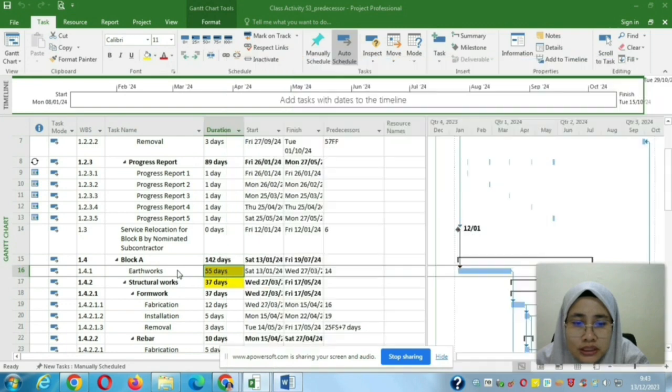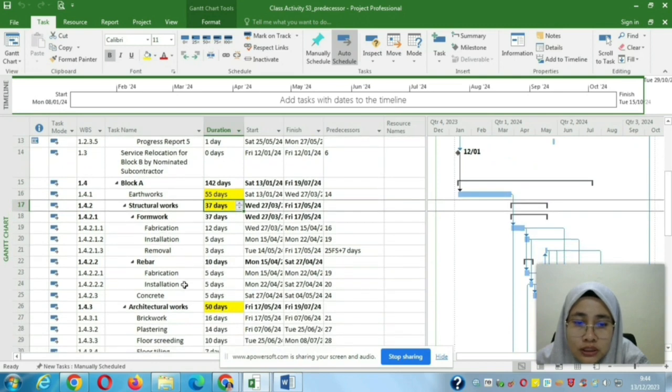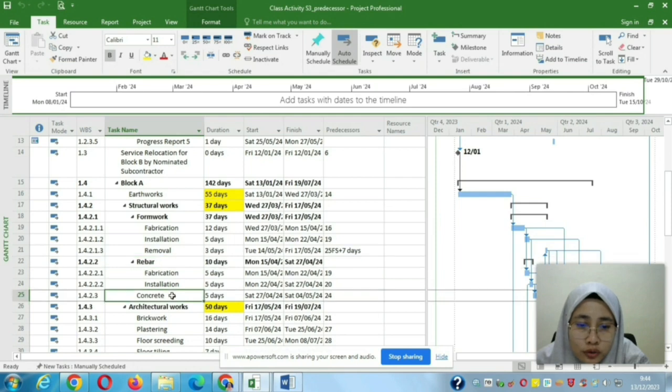So these 37 days are needed for the structure work to be done. But for this structure work, you did not key in the 37 days here on the summary task. So what you need to do, you have a few works under the structure work, which are the formwork, rebar and concreting.